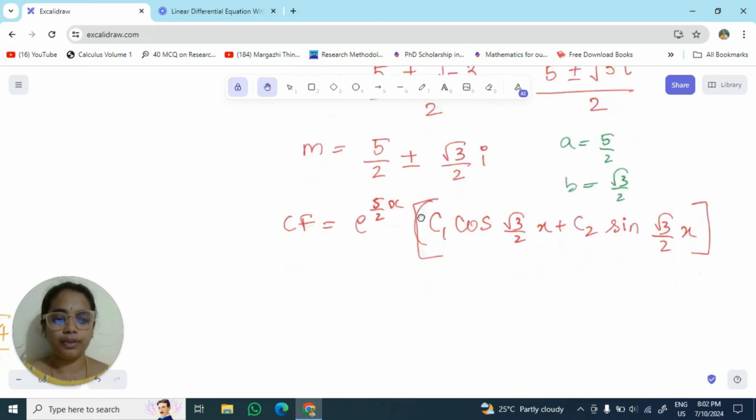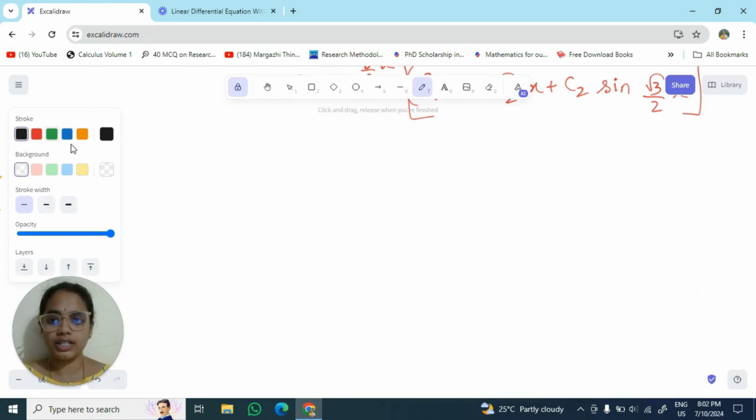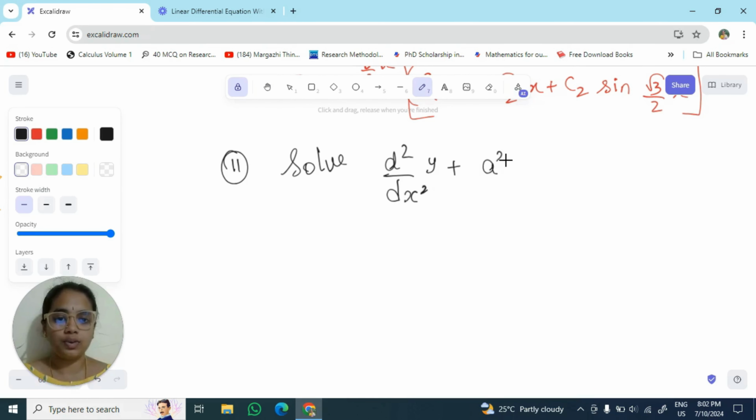Now say for example we have another question, the 11th one, that says solve d square y by dx square plus a square into y equals 0. If I write it like this, replacing d square by dx square as D square, I would get something like this, that is (D square plus a square) y equals 0.